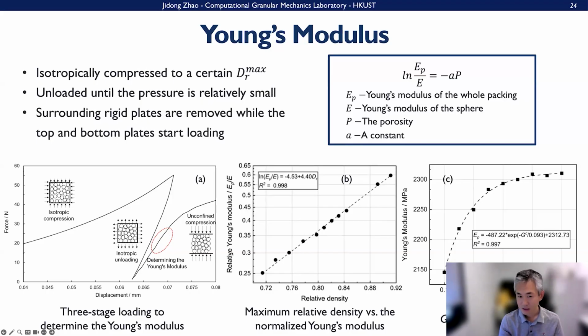The elastic modulus we determined shows a relatively linear relationship with the relative density. Also, we find that when we change the relative fracture energy GC, which refers to the cohesive model that we mentioned before, we can use an exponential relationship to fit the results.